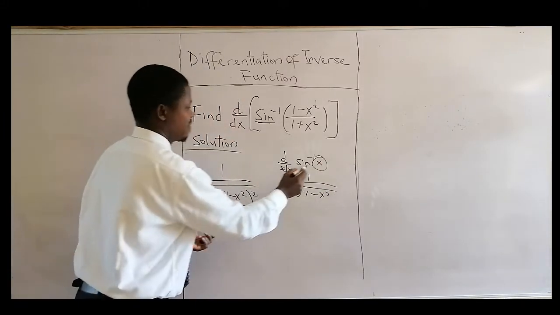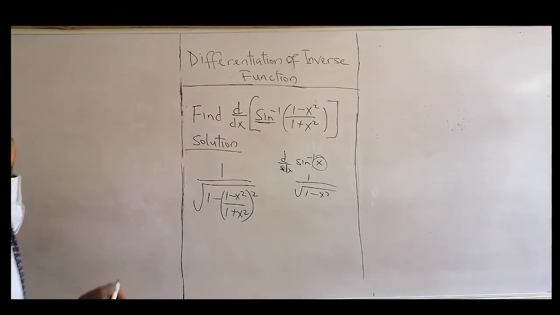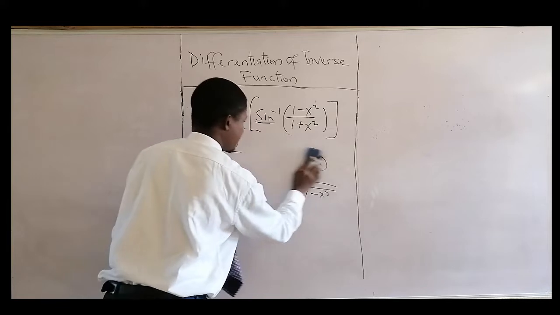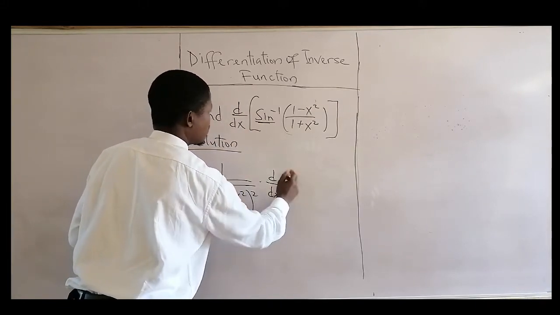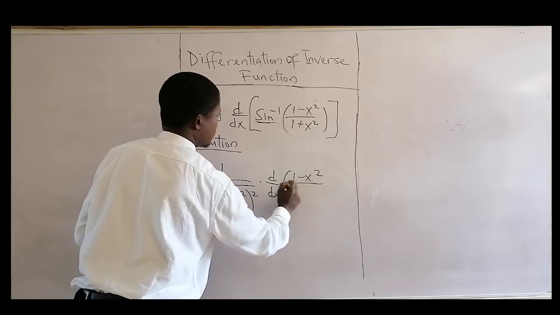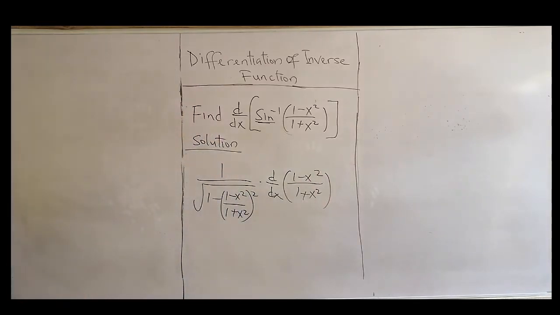So my x in this case is the whole expression here. Okay, so times the derivative d dx of that internal function, 1 minus x squared over 1 plus x squared, times that.